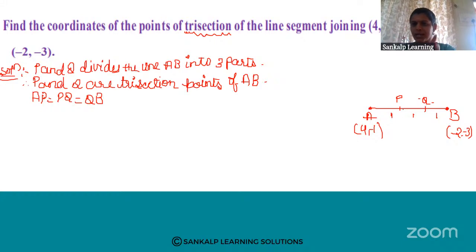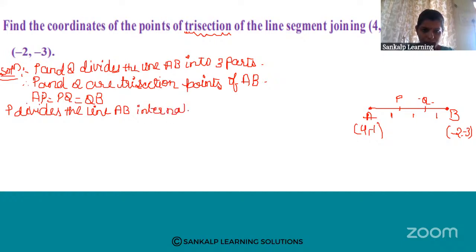So point P divides the line AB internally in the ratio 1:2.